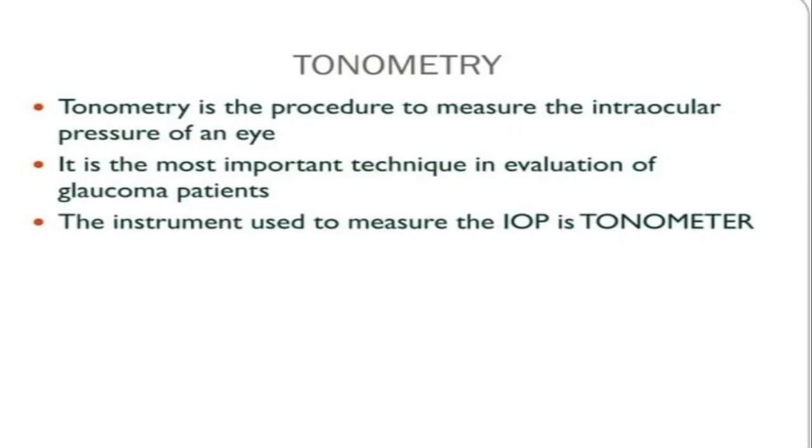Applanation tonometry is the most commonly used method and involves flattening the cornea with a small, flat device while measuring the amount of force required to do so. Non-contact tonometry uses a puff of air to measure the pressure, while indentation tonometry involves applying pressure to the eye with a special device. The results of tonometry are typically expressed in millimeters of mercury, mmHg.